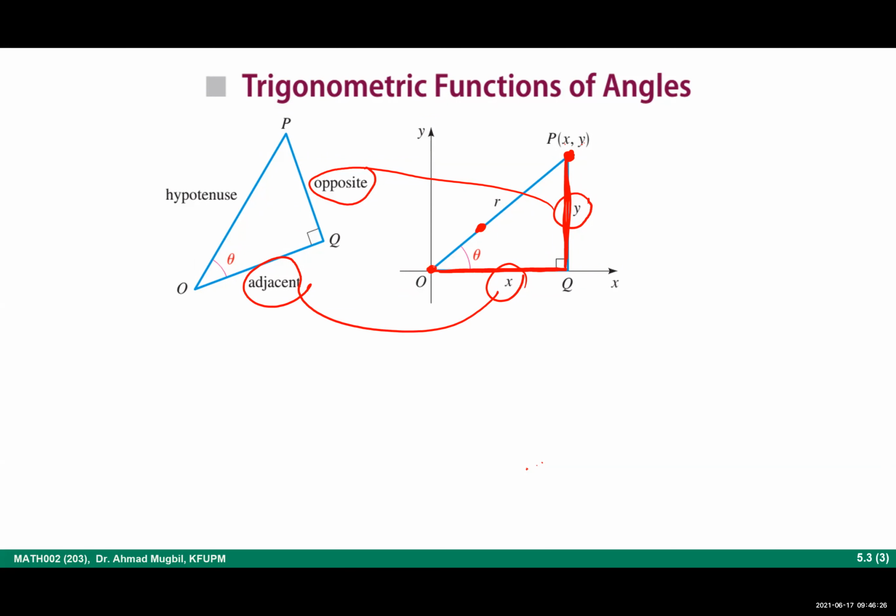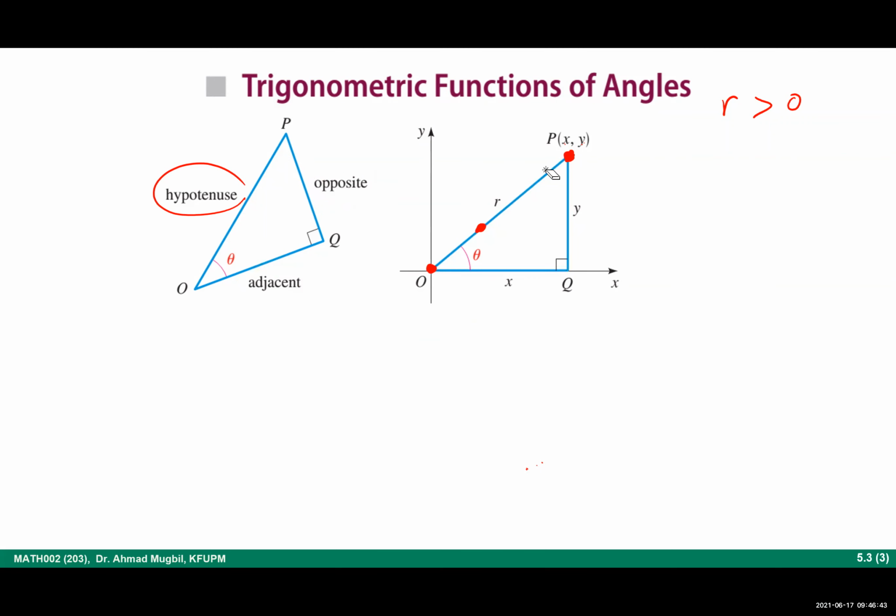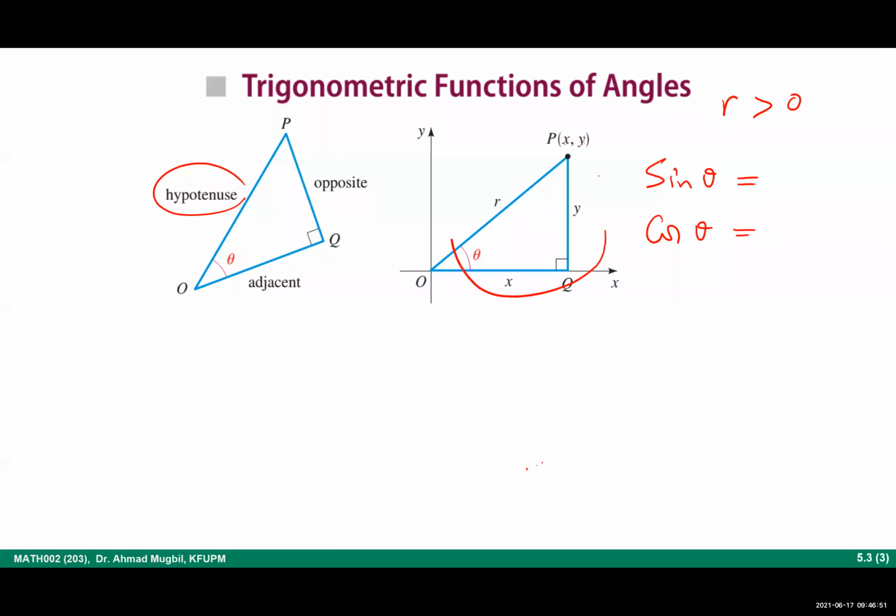R is the distance from the origin to the point. R, of course, is always positive because it is a distance. R here is the hypotenuse, okay? I think this is clear. Now, according to this new notation, what is sine theta, ya Shabab? What is cosine theta? Who can tell me?